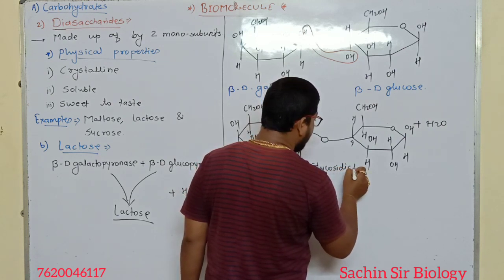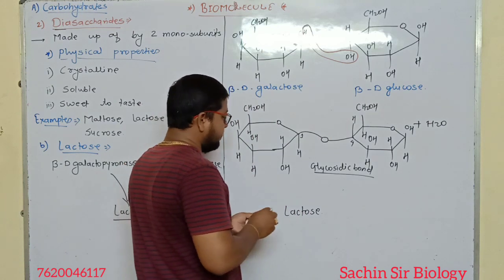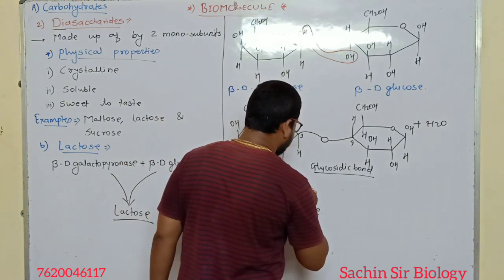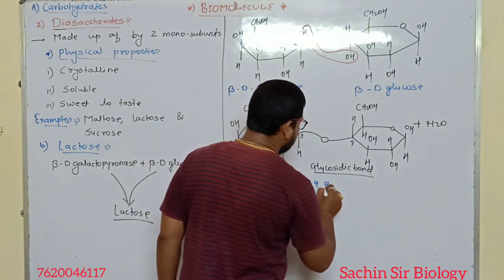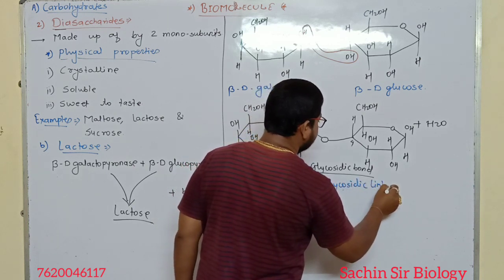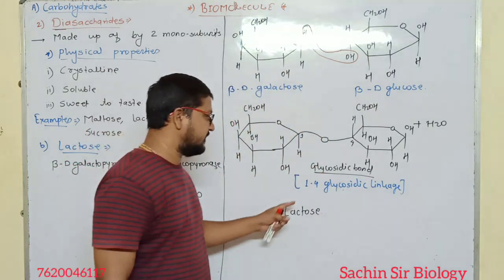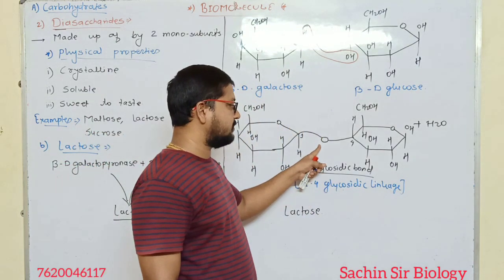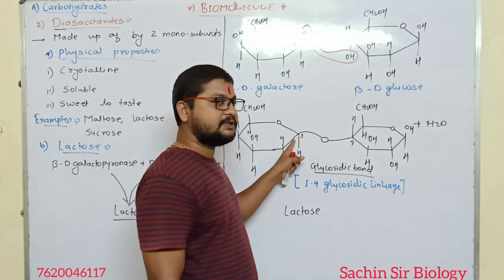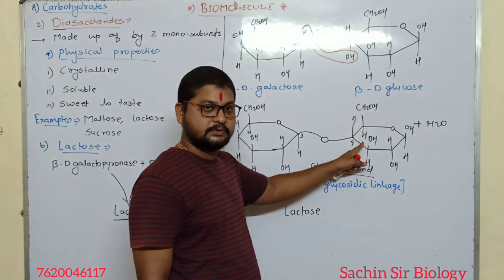a glycosidic bond is produced, but which glycosidic linkage? 1,4 glycosidic linkage. In this way, 1,4 means the oxygen is attached to the first carbon of galactose and the fourth carbon of glucose.